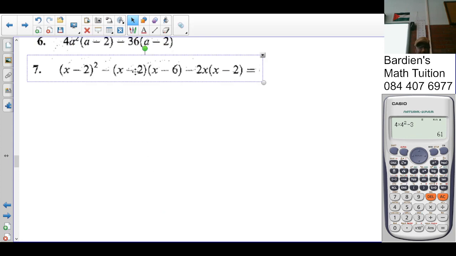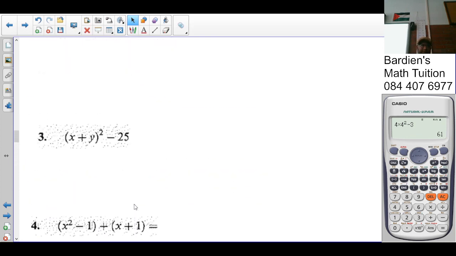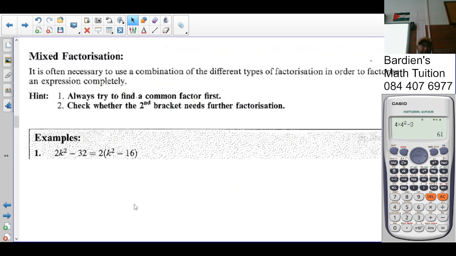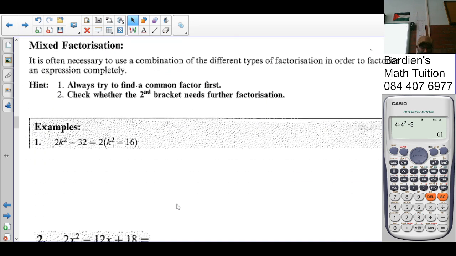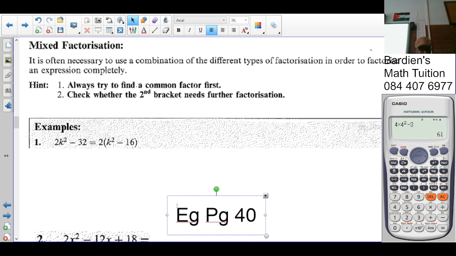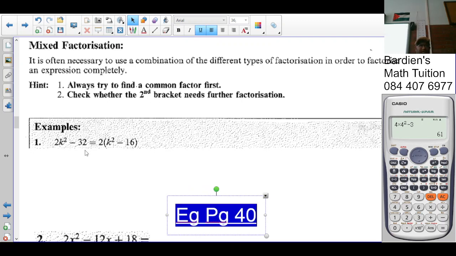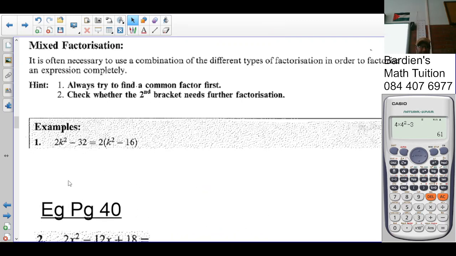Alright, let's see. So, we are told, these are the examples on page 40. Now we're looking at mixed factorization. It is often necessary to use a combination of the different types of factorization in order to factorize an expression completely.